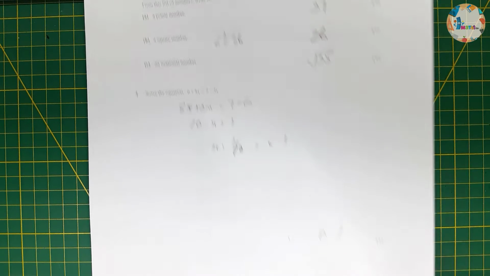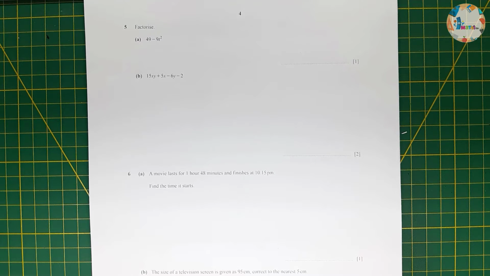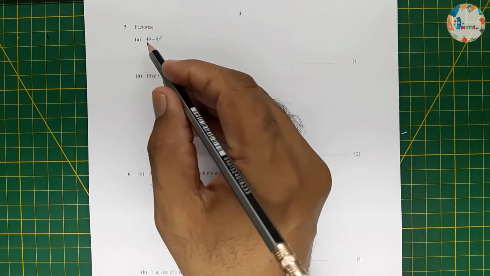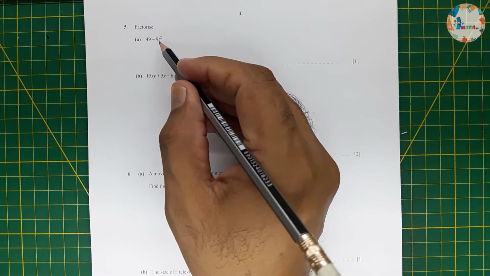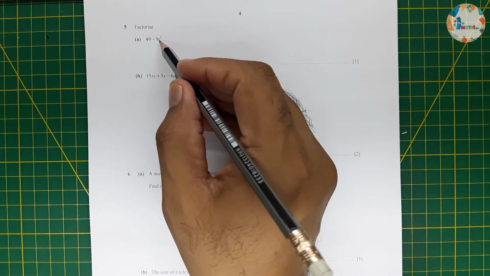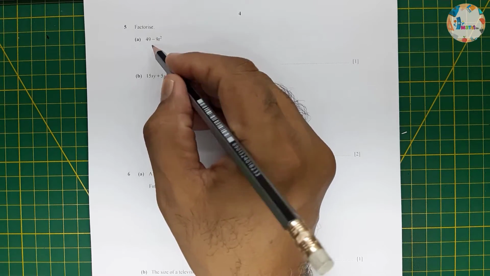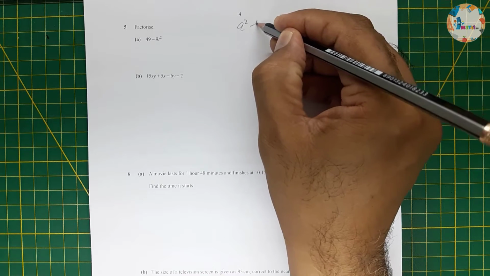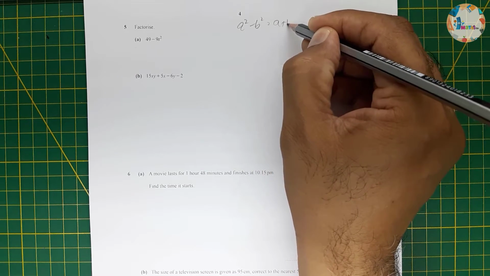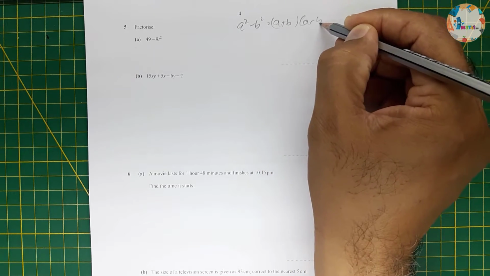We have to write the answer. Now question number 5 is factorize. Instead of taking a common factor, we have to apply the formula a square minus b square equals a plus b into a minus b.